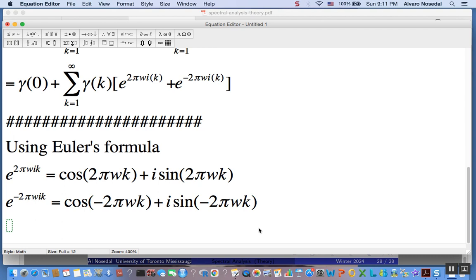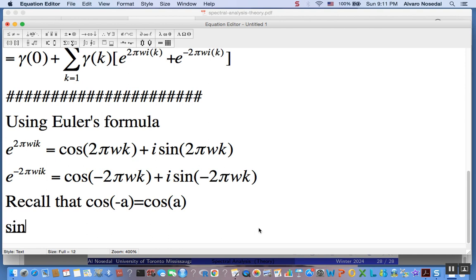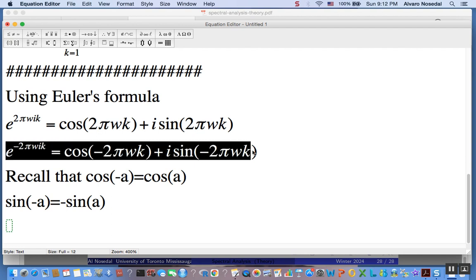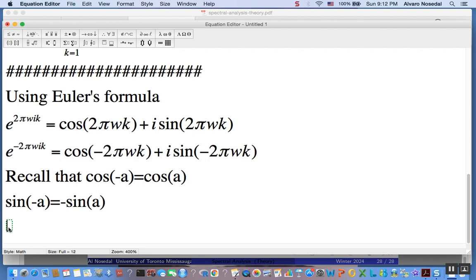And then recall that cosine of negative A equals cosine of A for any A, and that sine of negative A equals negative sine of A. So if we do that, the second equation looks like this.